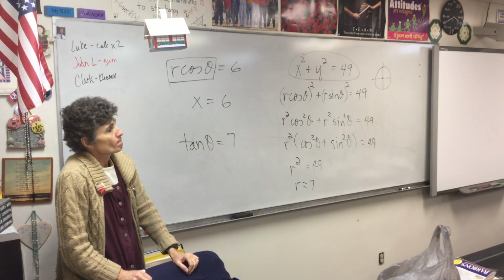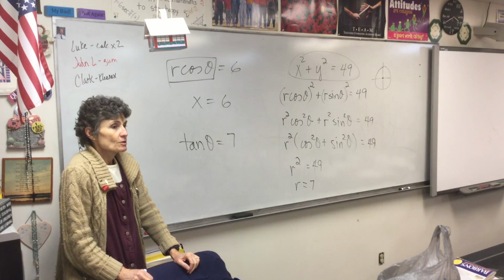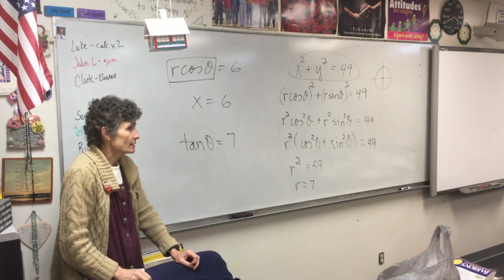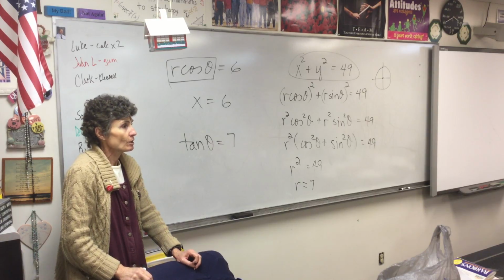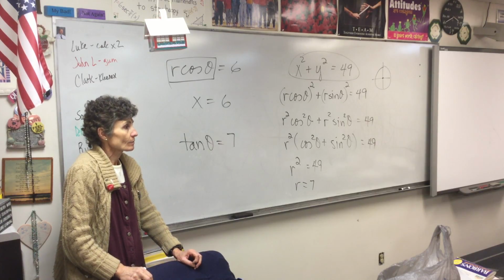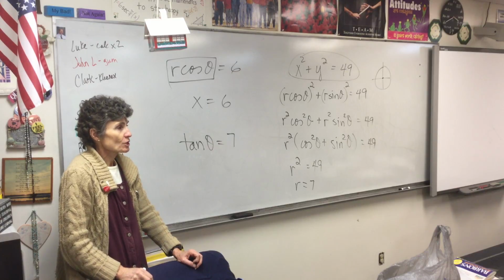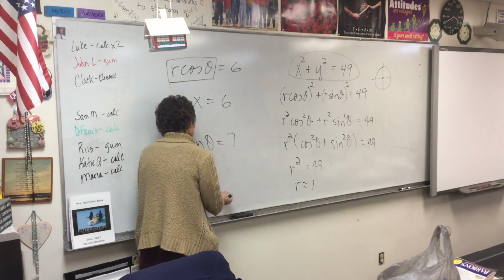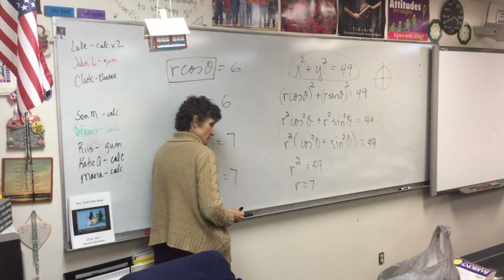What do you think? One option would be to change tangent into sine over cosine. What's another option? Tangent is y over x. Now, Jack, are you looking at your little green conversion box?